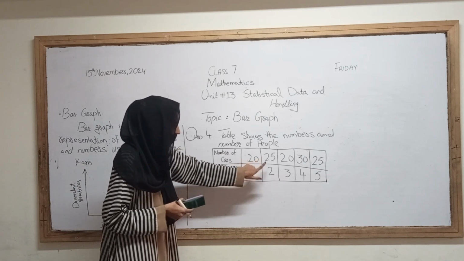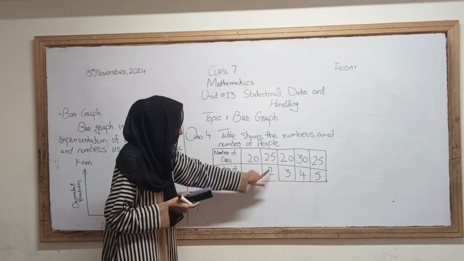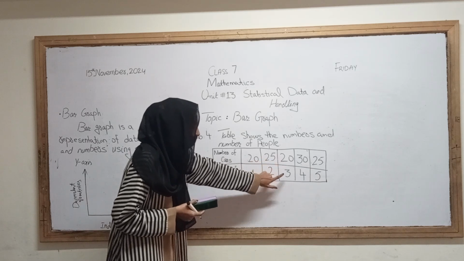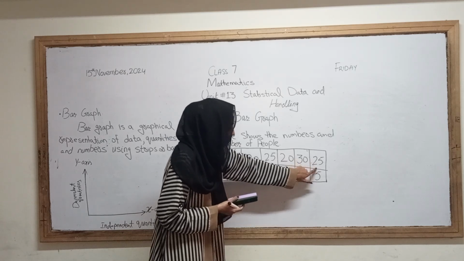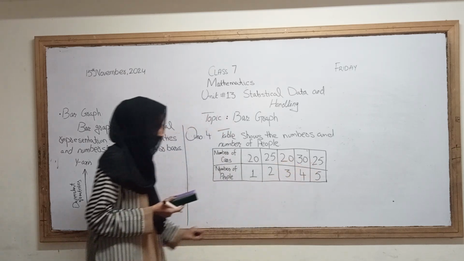There are 25 cars in which two people are present. There are 20 cars in which 3 people are present. There are 30 cars in which 4 persons are present. There are 25 cars in which 5 persons are present.